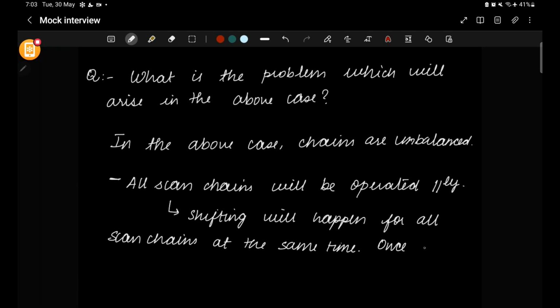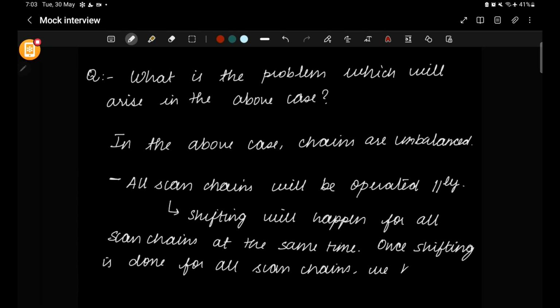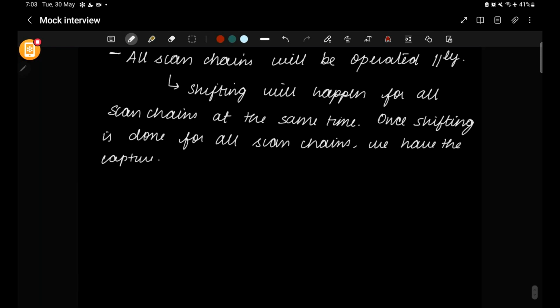Once shifting is done for all scan chains, we have the capture. I'll just explain with an example what problem will come. In chain one, what we are having?